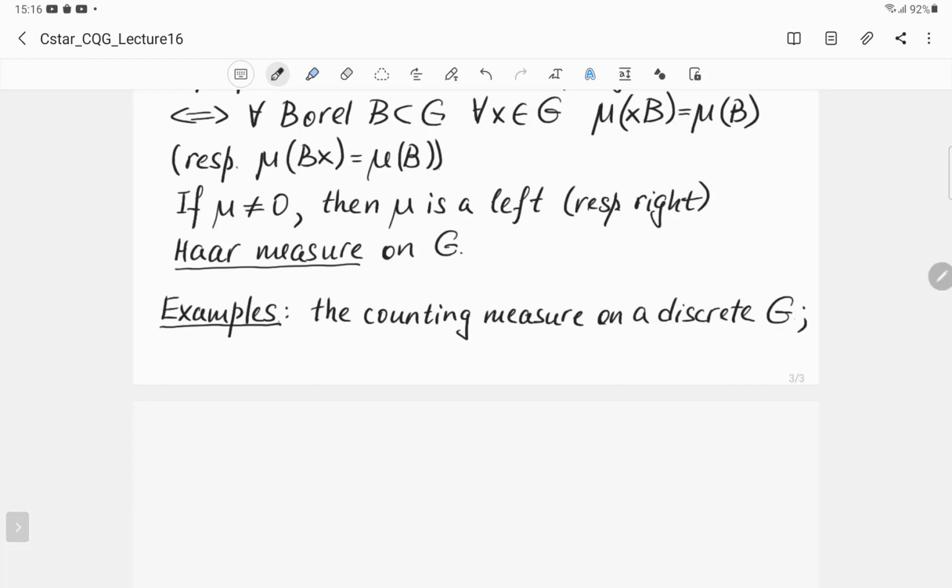Another obvious example is the Lebesgue measure on the real line or on R^n, or for example on the torus. So these are the most obvious examples of the Haar measure.